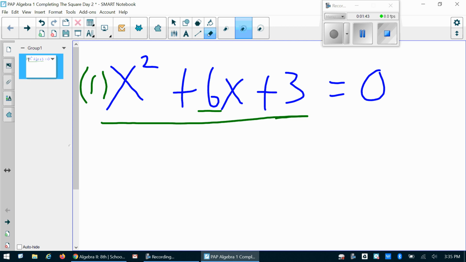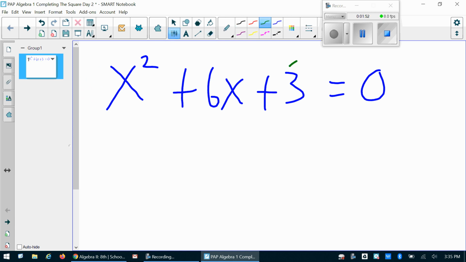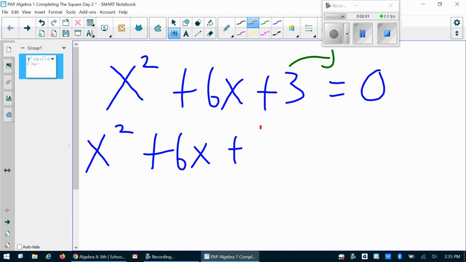Okay. Just to refresh our memory, let's solve this one real quick. Move the 3 to the other side. Draw your boxes.